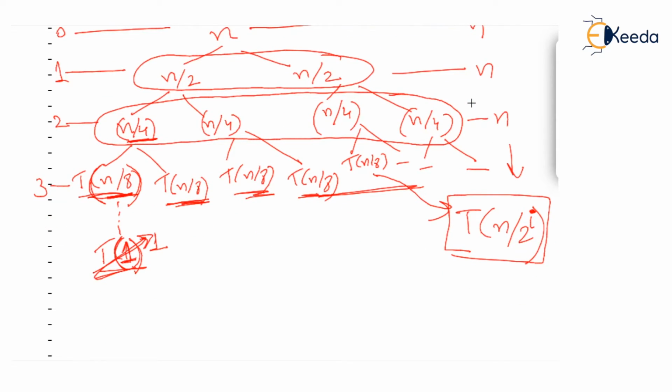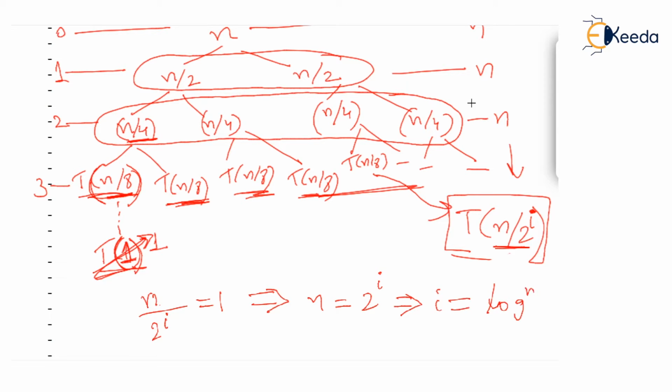And somehow, we want this n upon 2 raised to i to become 1. Hence, we equate n upon 2 raised to i to 1. This implies n should be 2 raised to i. And this implies that i should be equal to log of n to the base 2.